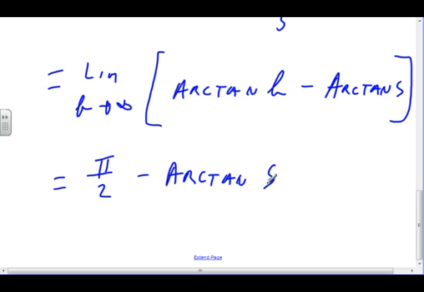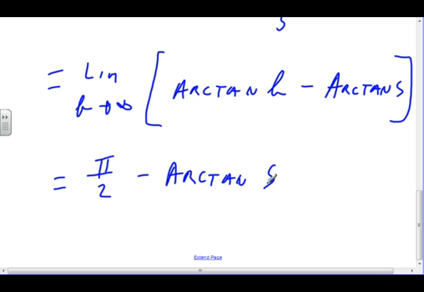Okay, good enough? How do you know that the arctangent at infinity goes to pi over 2? By looking, would you have to look at a graph? Well, I was grabbing my calculator, and I was going to look at arc tangent of 4,000.